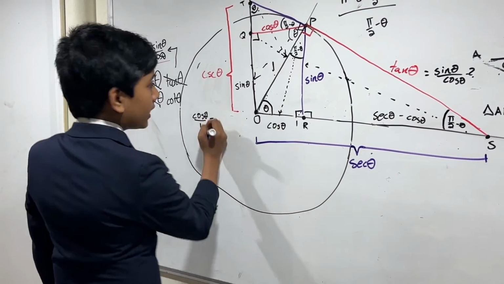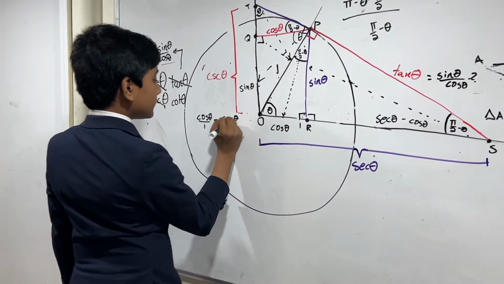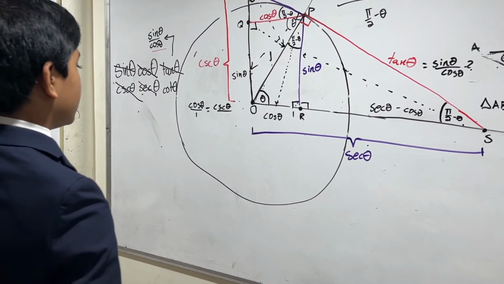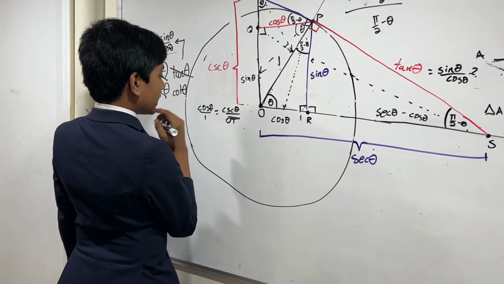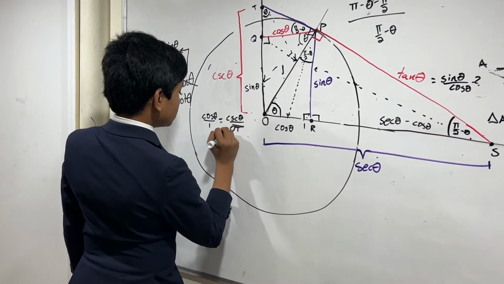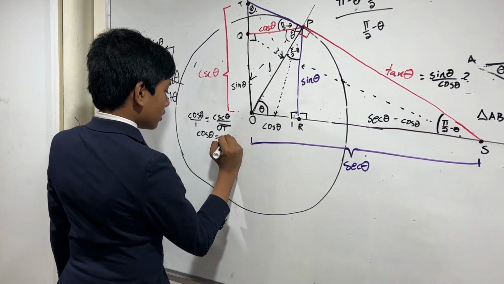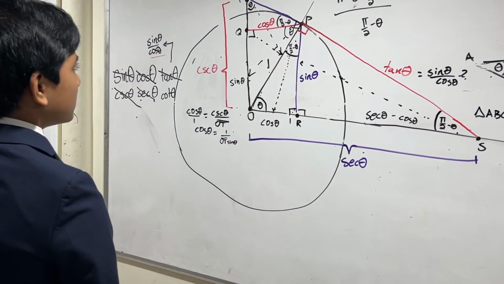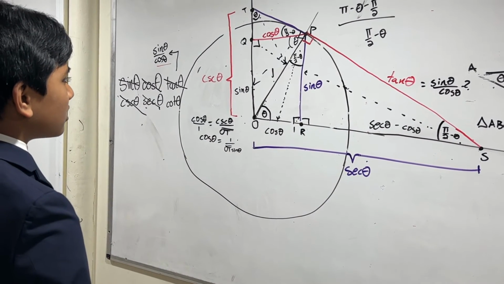Here, pi over 2 minus theta is opposite to cosecant, and the big angle is opposite to the big boy. I'm starting to get worried again, because this means cosine theta is equal to 1 over OT. That does not seem right. That can't be right.